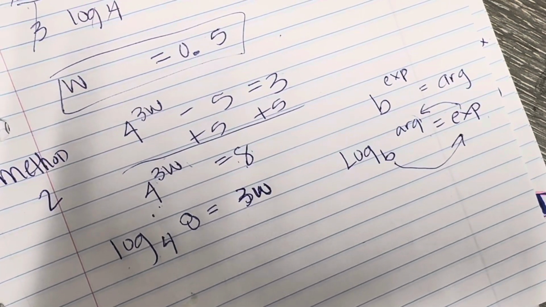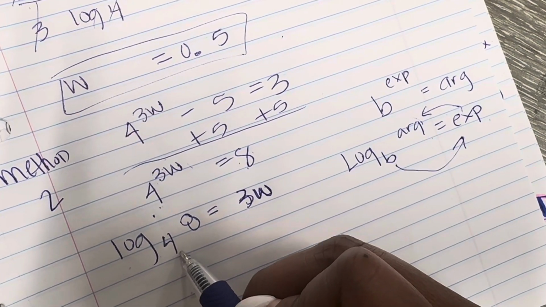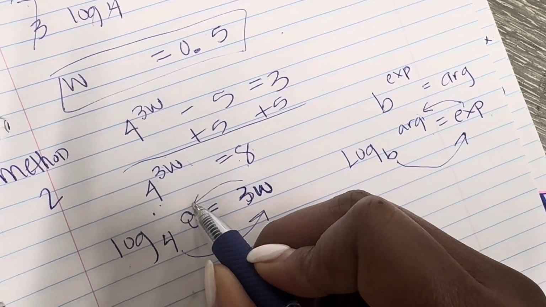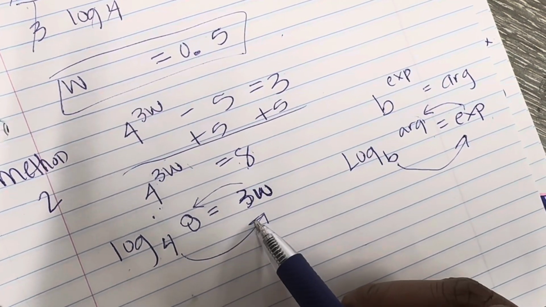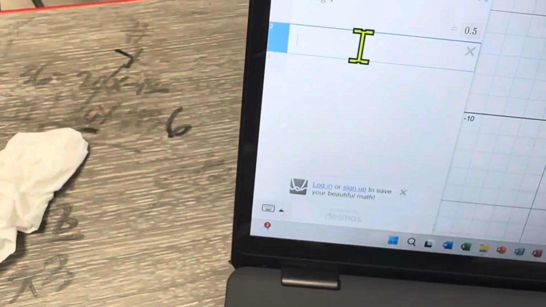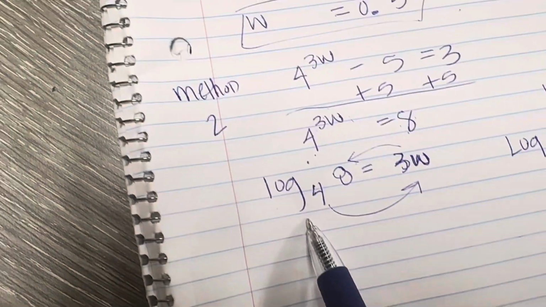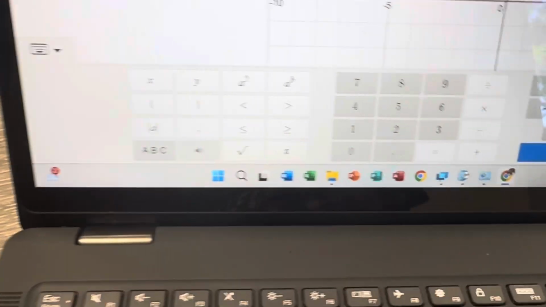So from there, 4 to what power gives you 8? So we're going to put it in here, log. To do the log base 4 of 8, you hit the tree and hit functions.